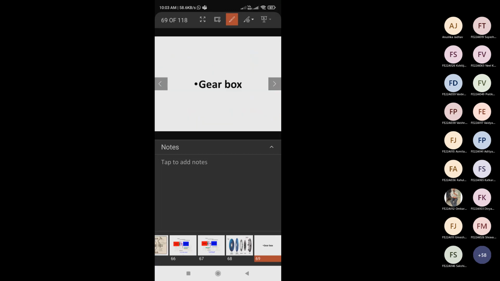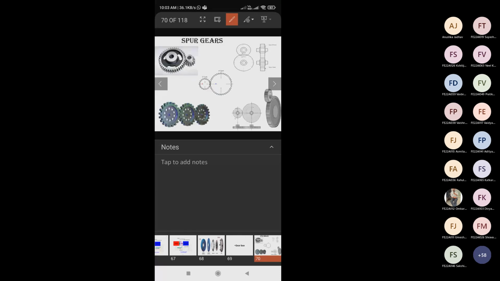Now next is the gearbox. Gearbox is a very important component in the vehicle. Its main function is to vary the speed and torque as per requirement, depending on the load and road conditions, right? Now in this, first we will see various types of gears. The first one is the spur gear.